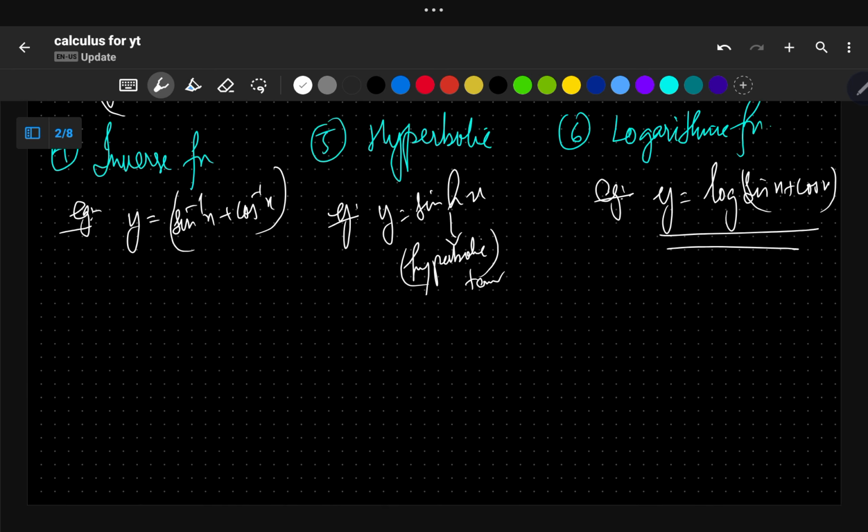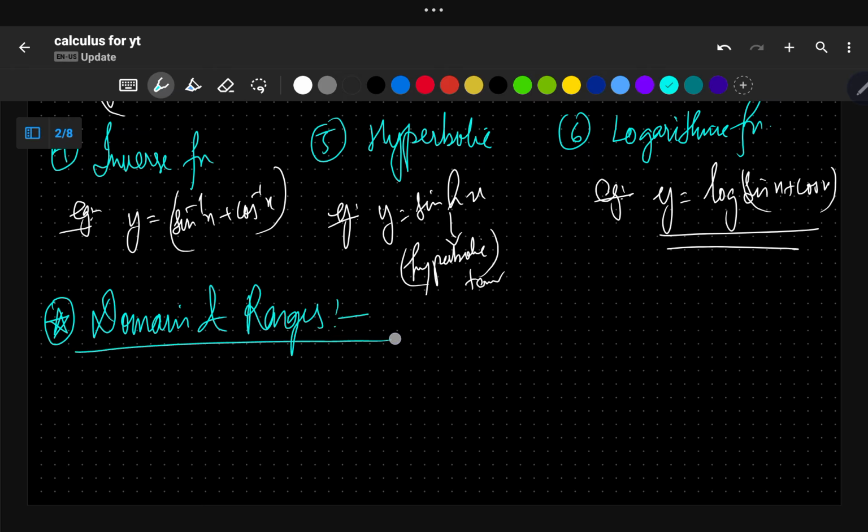Now we'll be knowing about what is domain and what is range. In class 11 or 12, we feared domain and range. We were not in a state to recognize domain and range again and again, right? So today I'll be telling you a shortcut to remember this.